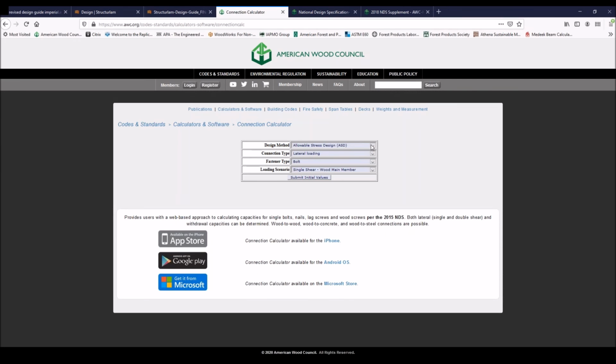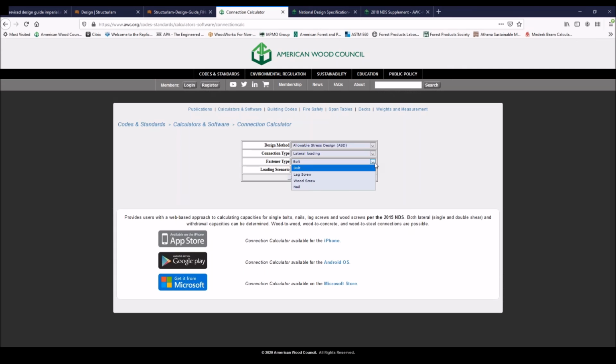We have this online calculator as well that I like to use from time to time. It will accommodate various different things through these drop-down menus. So you can see in this top one, it is available for ASD or LRFD designs. We can do a lateral or a withdrawal load.